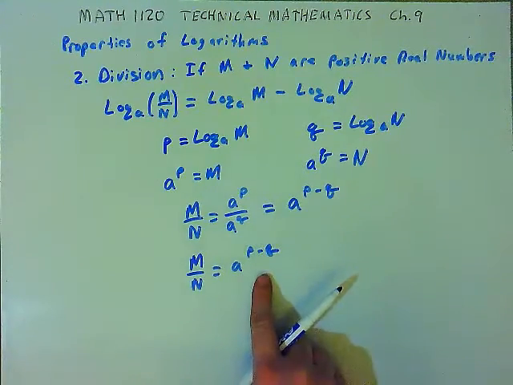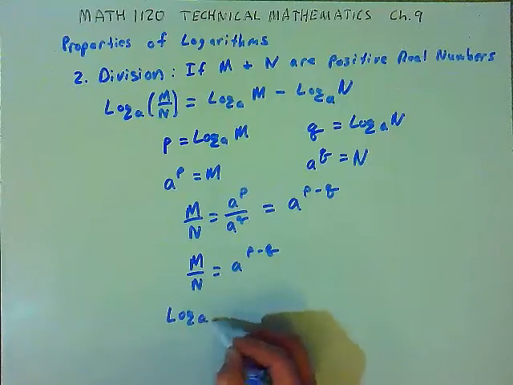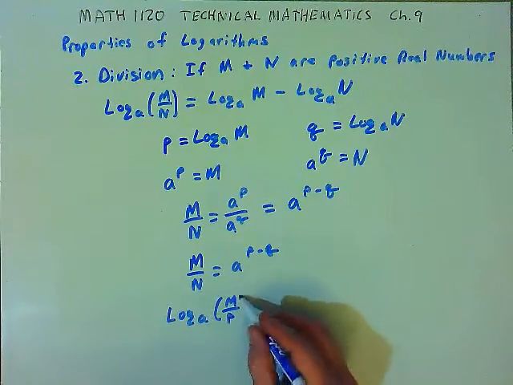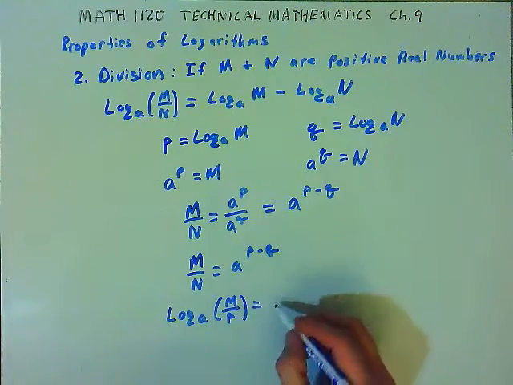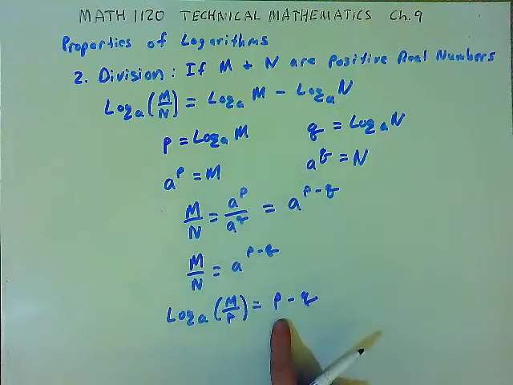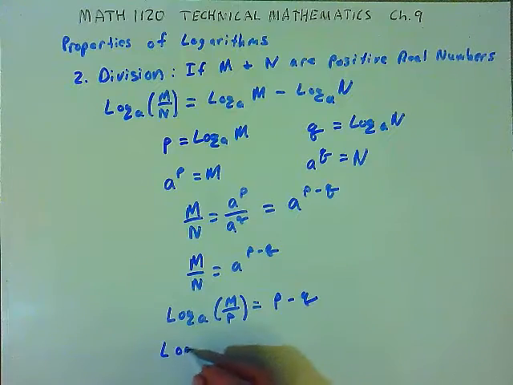And so this is an exponential. I can rewrite this in logarithmic form. Logarithmic form says that the log base a of m over n will be equal to the exponent p minus q. And again, p was log base a of m, and q was log base a of n. And so I'll plug those values back in.